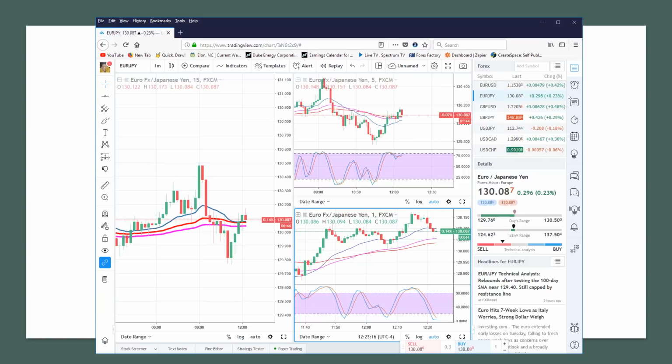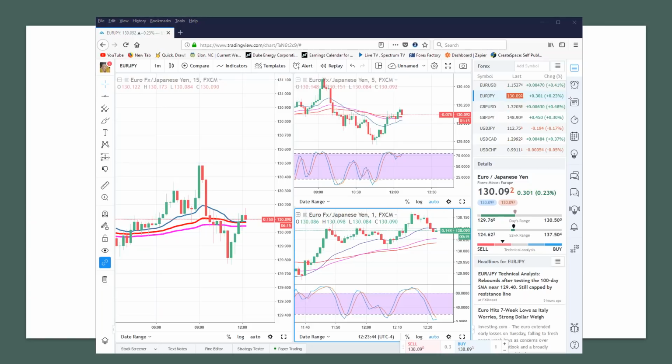And then I also use TradingView. And TradingView is really reasonable, especially if you're trading forex. I think it's like $30 a month. It's really not bad at all.